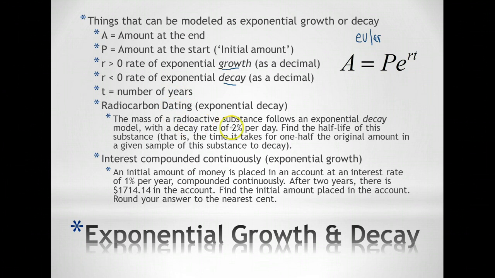So the mass of a radioactive substance follows an exponential decay model, with a decay rate of 2% per day. Find the half-life of this substance. So half-life, by definition, is the time it takes for us to have half of the original amount.